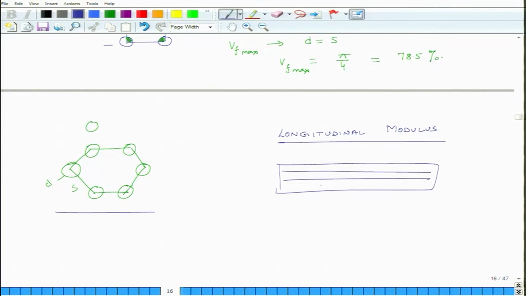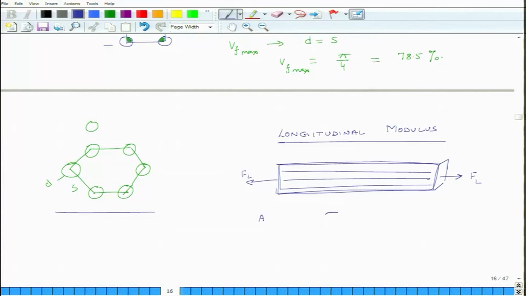So, all the fibers are oriented in the length direction, it is a single layer of composite, and what we are interested in is that if I pull it in this direction, so what is this direction? This is L, right. So, if I am pulling it in L direction, I am applying a load FL, and if the cross sectional area is A, then what is the stress I am applying?